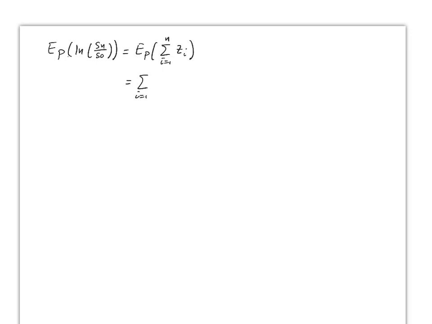You can do this because this is finite. Otherwise, you cannot just interchange expected values with the sigma notation. So this is what we have.